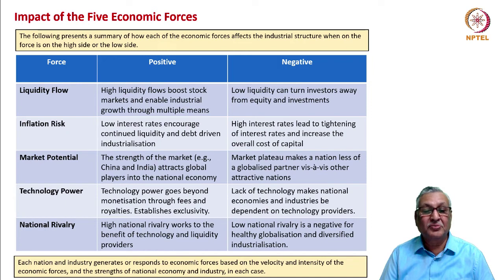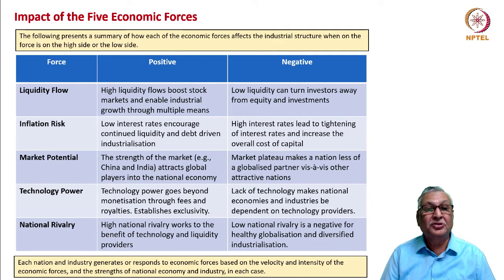This power goes beyond monetization through fees and royalties. It establishes exclusivity of a nation. Lack of technology makes a nation dependent. A national economy and its constituent industrial economy becomes dependent on those who have technological strength, those who have proprietary technologies. They are becoming dependent on technology providers in such a scenario.